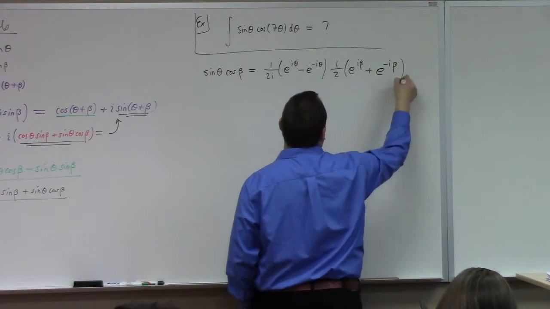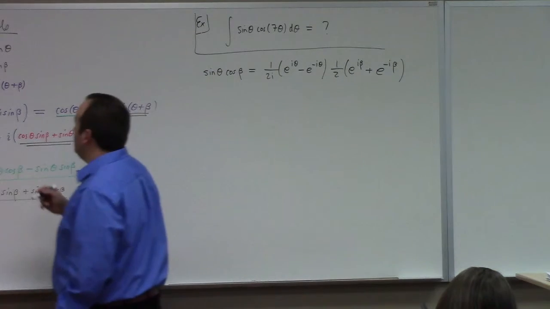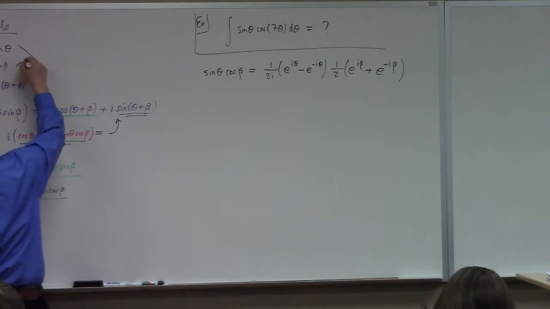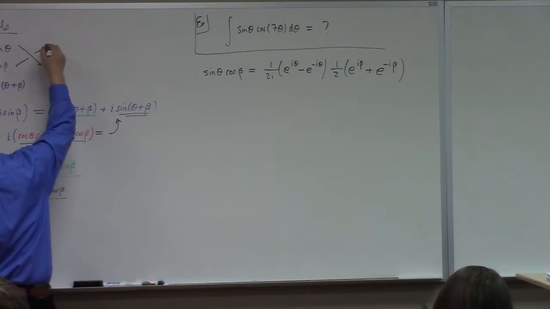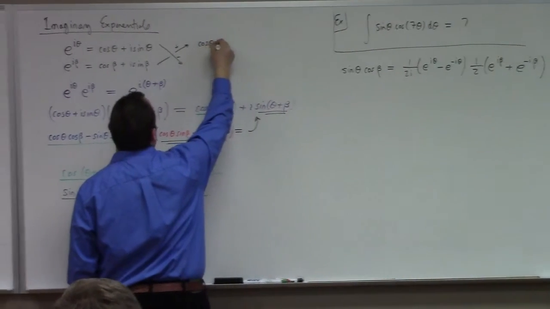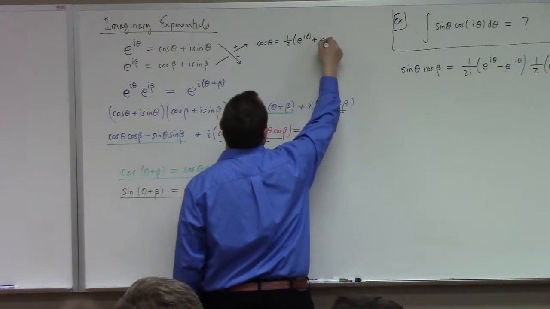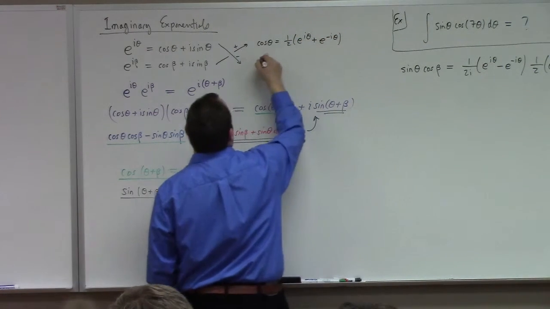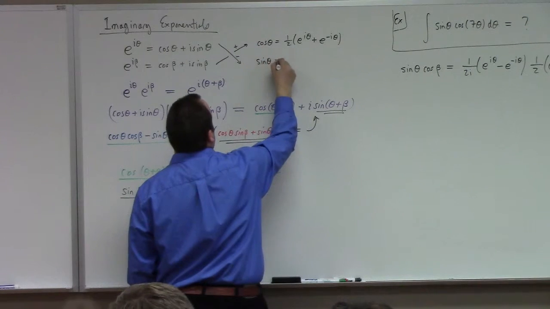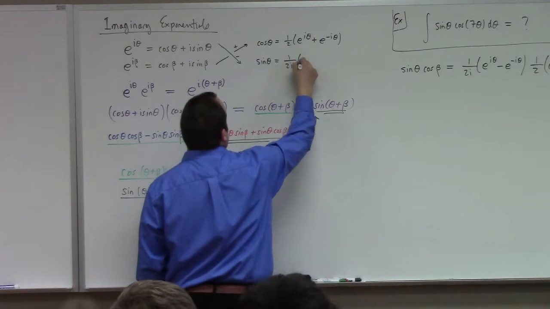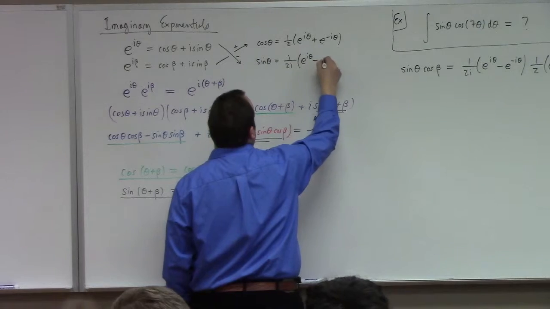Now what I'm using here, of course, is that if we solve these for sine and cosine by addition and subtraction, we derive that cosine of theta is 1/2 (e to the I theta plus e to the minus I theta), and sine of theta is 1 over 2i (e to the I theta minus e to the minus I theta).